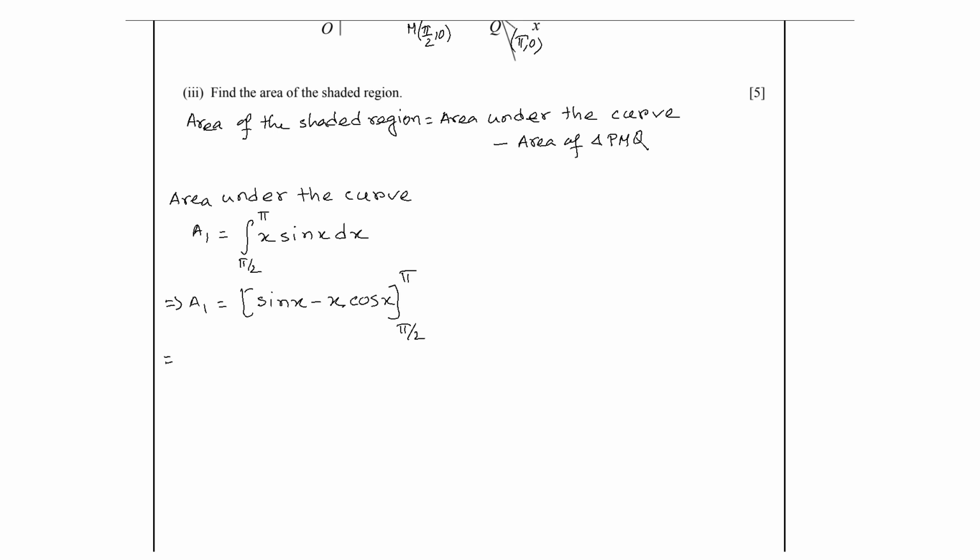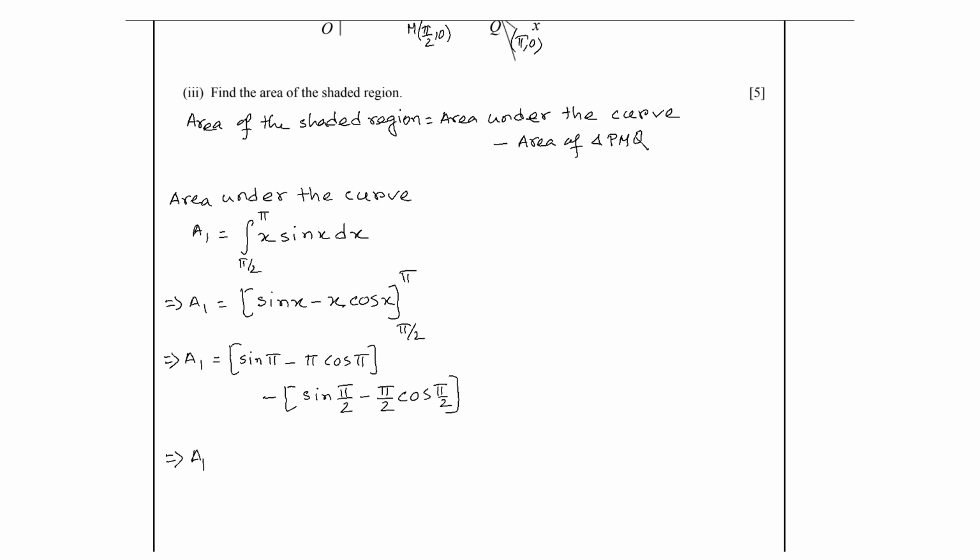So let's use those values in the next line. We can write A1 equals sin pi minus pi times cos pi. We used the upper limit, now let's use the lower limit, minus sin pi by 2 minus pi by 2 times cos pi by 2.